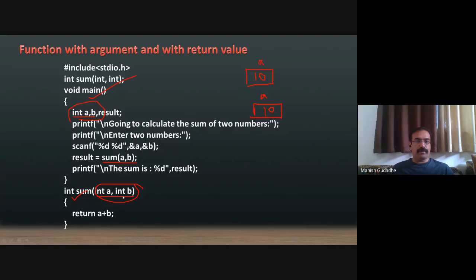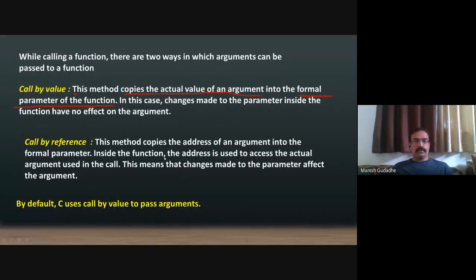Here A and B are formal arguments. These are the actual arguments. So A and B are actual arguments, these are the formal arguments. So the values of A and B will be copied into these formal arguments A and B. Remember, the method copies the actual value of an argument into the formal argument.